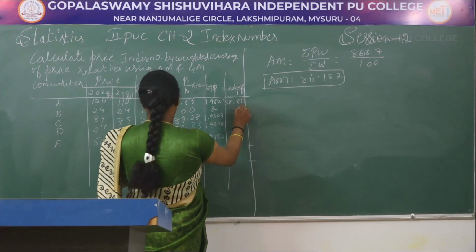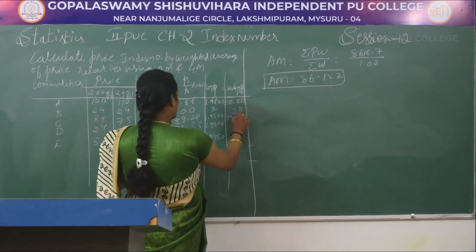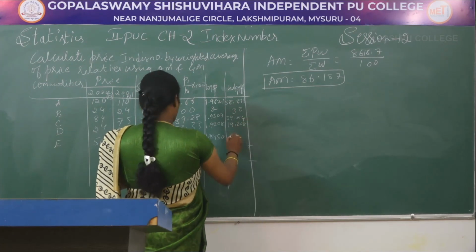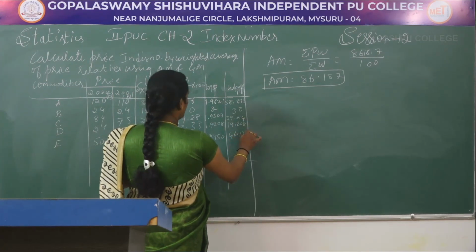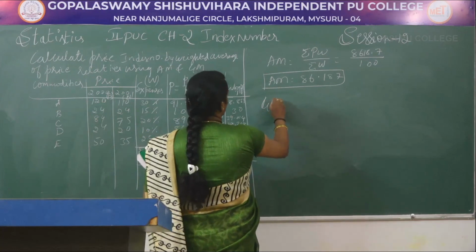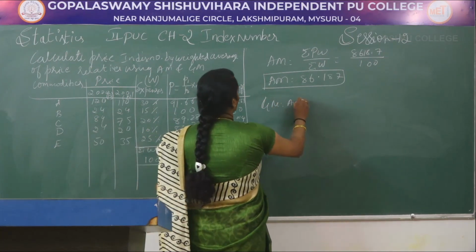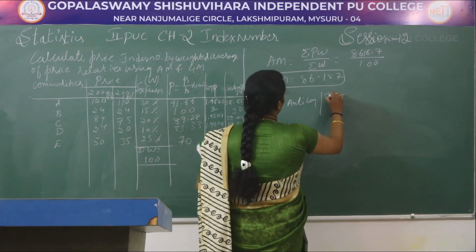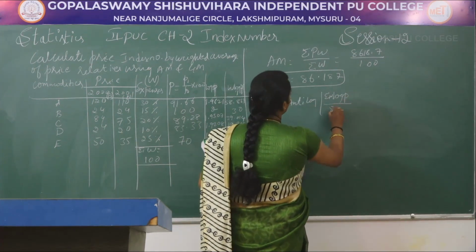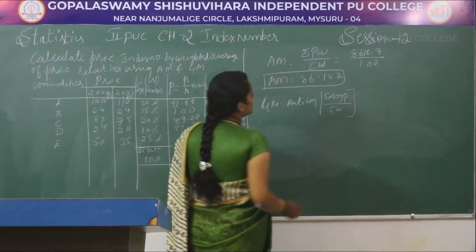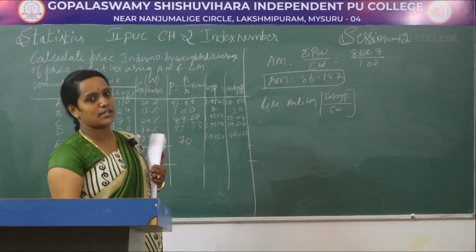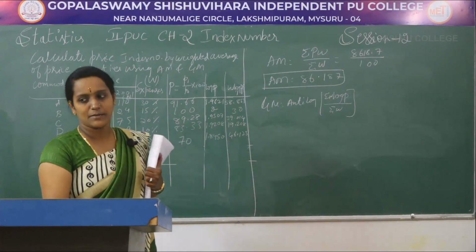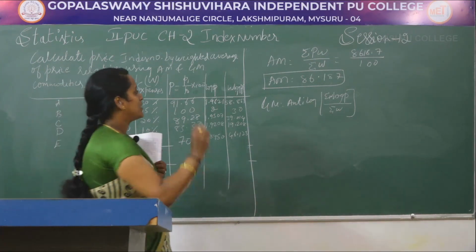58.863, 30, 39.014, 19.208, 46.125. So, to calculate GM, it is anti-log summation W log P divided by summation W. Here also we will not multiply this by 100 because while we are calculating the price relatives, already we have multiplied that by 100.